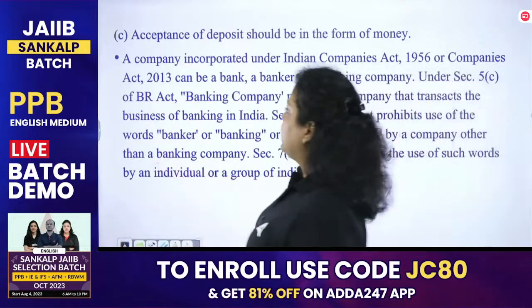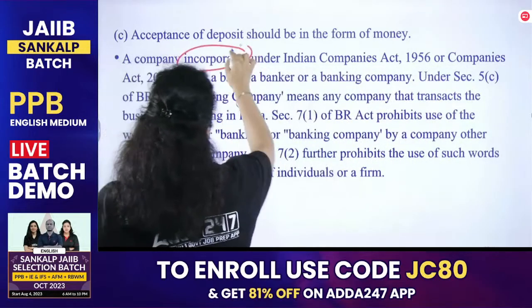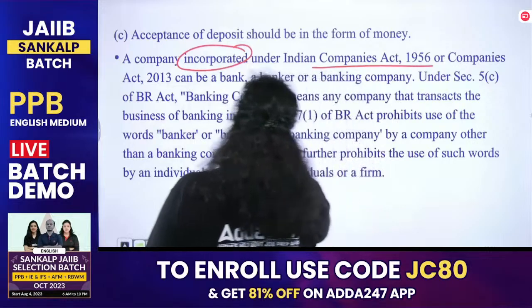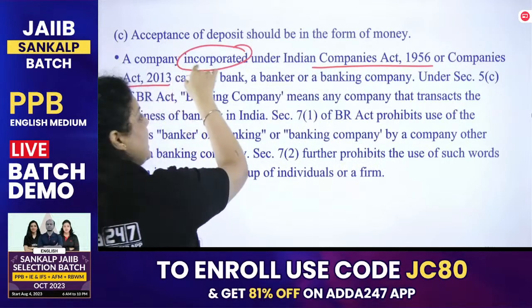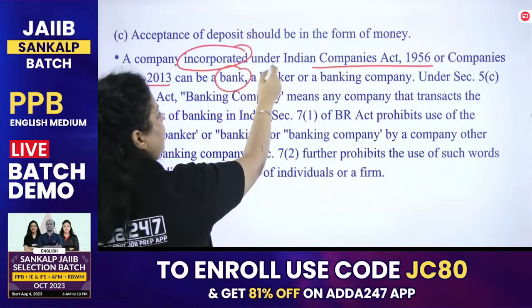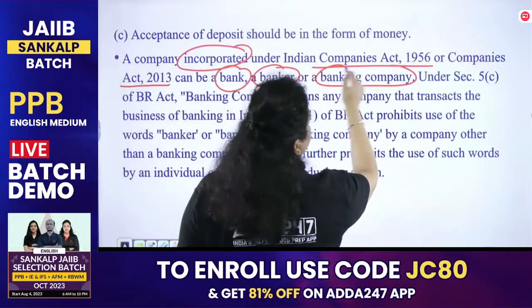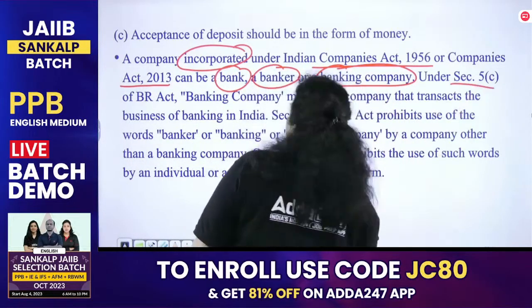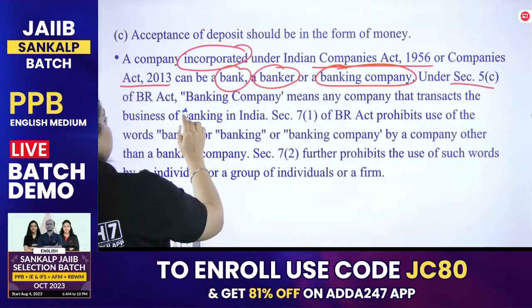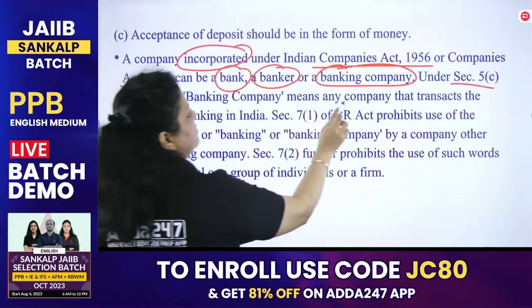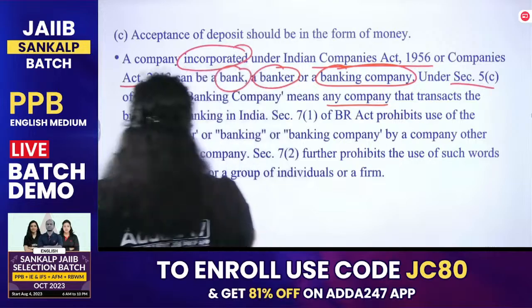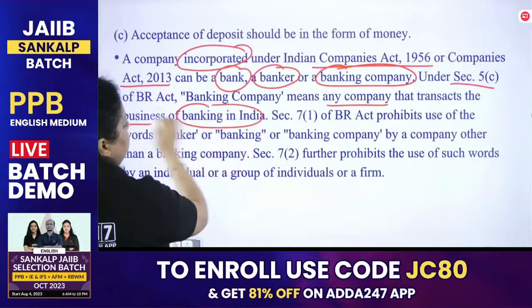Now next. A company incorporated under the Companies Act 1956 or the Companies Act 2013 can be a bank, a banker, or a banking company. Under what? Under Section 5C. Under Section 5C of the Banking Regulation Act, the banking company means any company that transacts the business of banking in India.